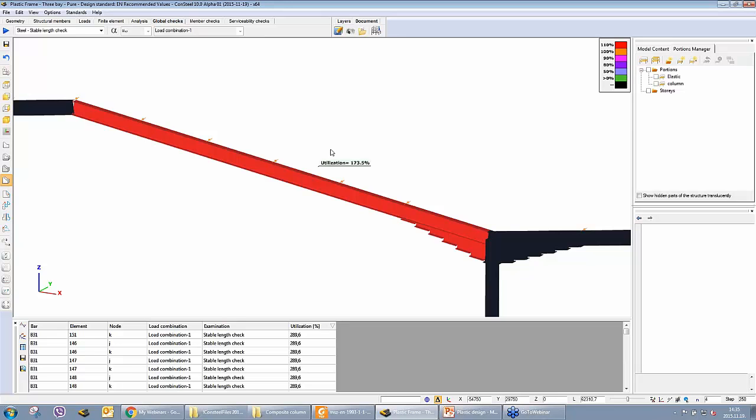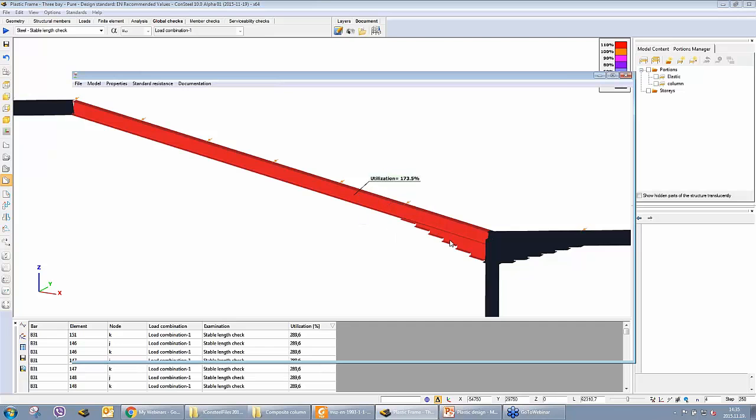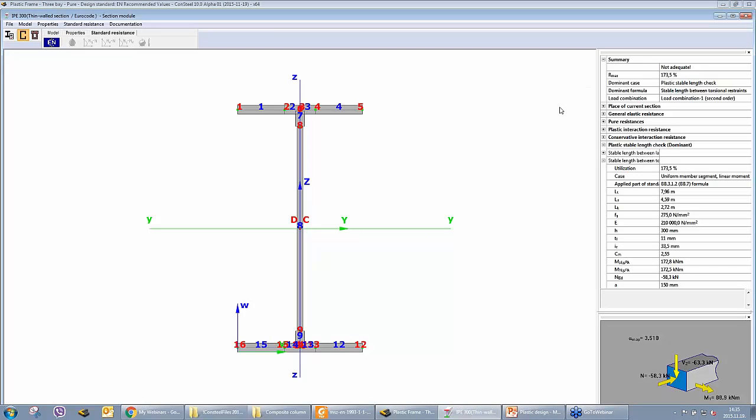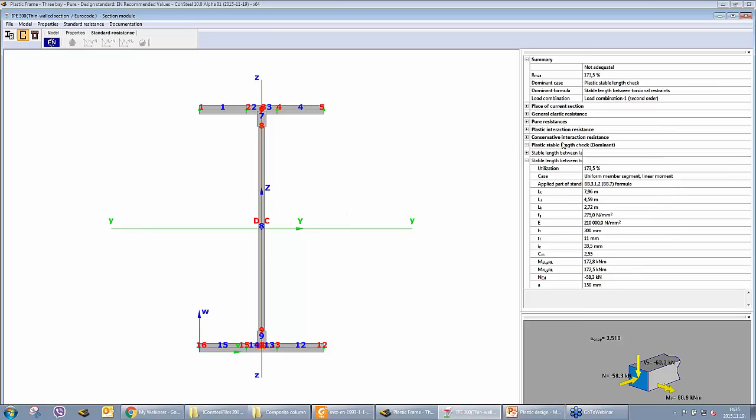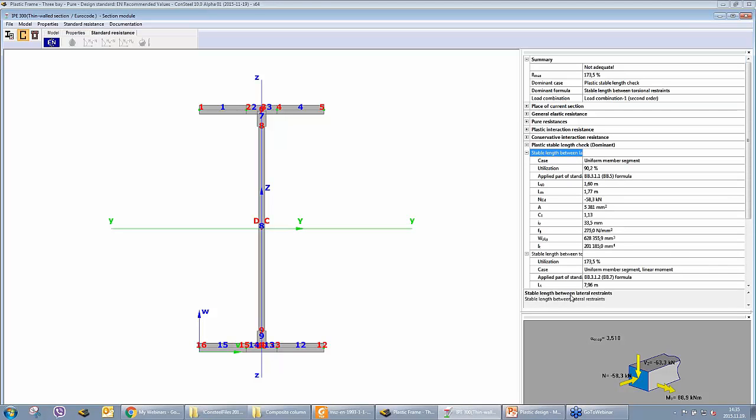So we can see now here the utilization. Now in this segment of the beam, the utilization is 173%, and we can see the detailed calculation of this uniform cross-section. And what we see, we have the usual design results, and here we have the stable length. First, stable length between lateral restraints. So this is between the adjacent lateral restraints for uniform member segments.